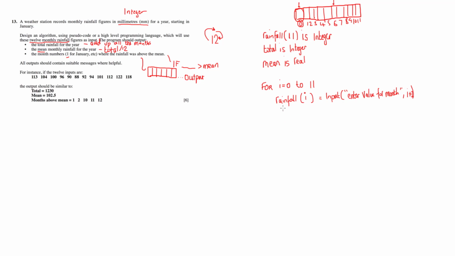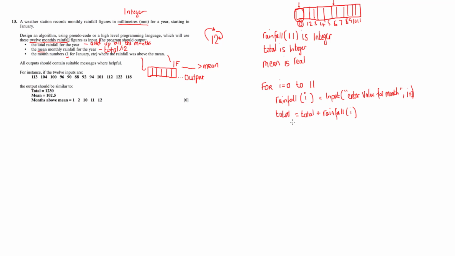Now, that will loop 12 times and then we'll get the inputs into the array. At the same time, every time I add it, I'm going to add it on top of the total. So total equals total plus the thing I've just entered: rainfall at the position of I. So the data you've just put in there is now going to be taken as well and copied into the total and added on top of it and then put back inside the total variable.